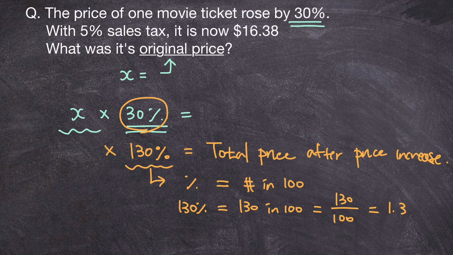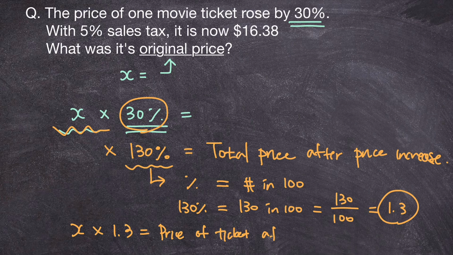So the first step is to multiply 1.3 to the original price, which is represented by x. That's going to give me the price of the movie ticket after the 30% increase. So, x times 1.3 will give me the price of the movie ticket after the 30% increase.